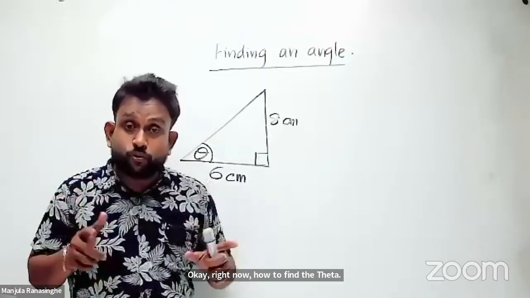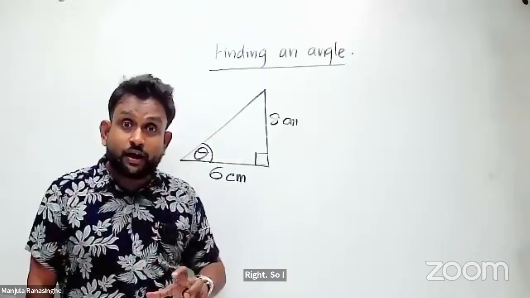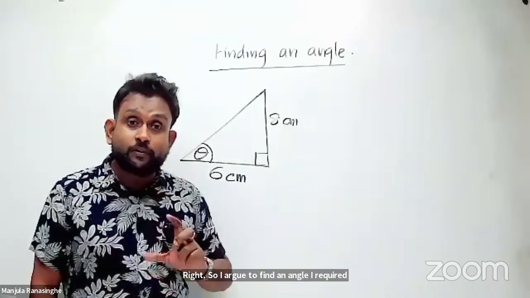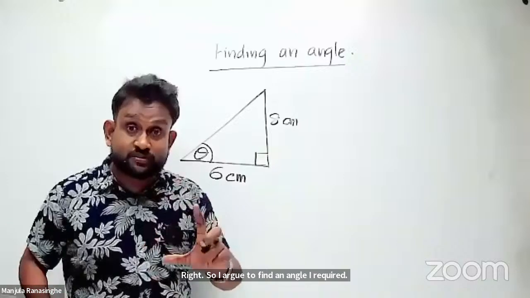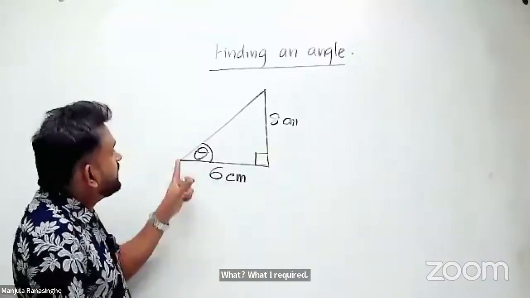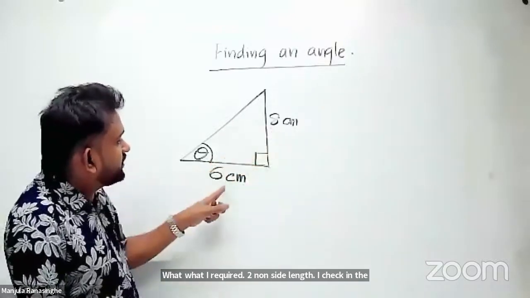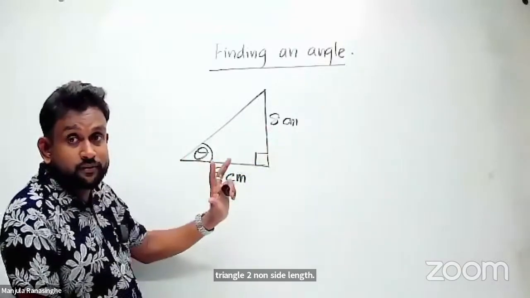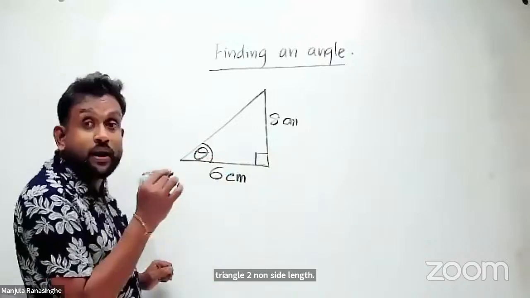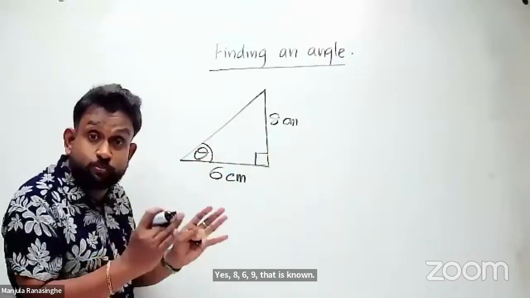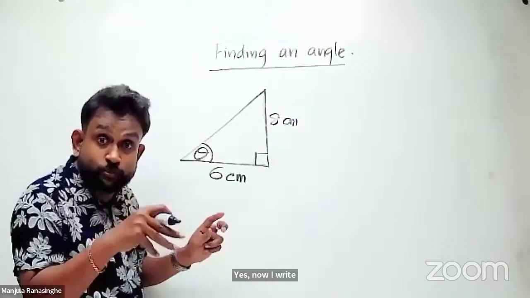To find an angle, I require two known side lengths. I check whether two known side lengths are there in this triangle. Yes, 8 and 6 are known. Now I write their names with respect to the angle to be found.